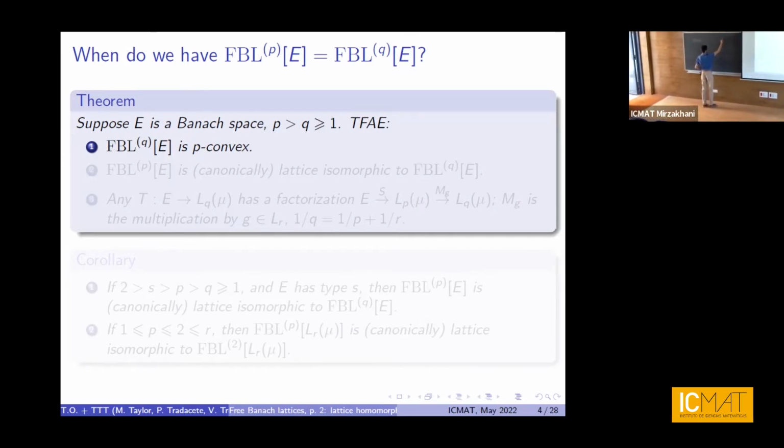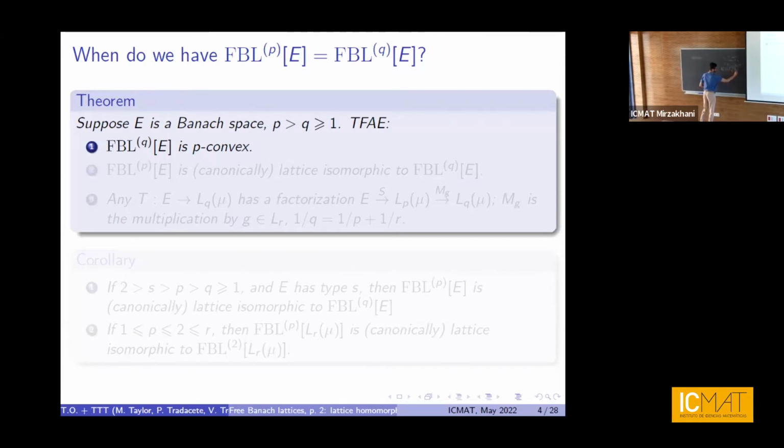In general, we say that the Banach lattice Z is R convex with constant C if for any n-tuple of elements of this Banach lattice Z, the norm of the R-th root of the sum of Zi to the power R is less than or equal to C times the R-th root of the sum of the norms of those Zi's.